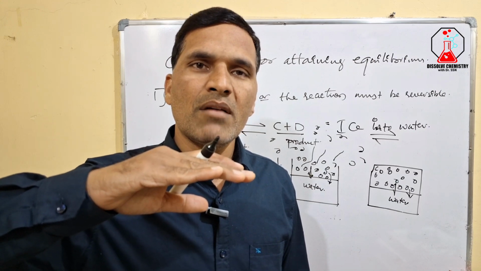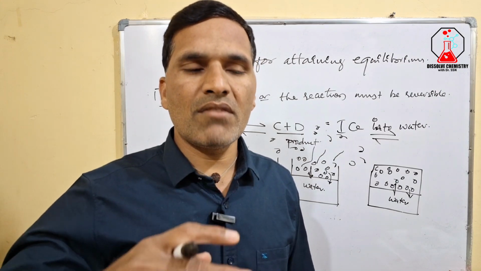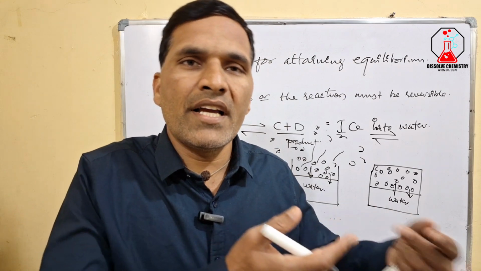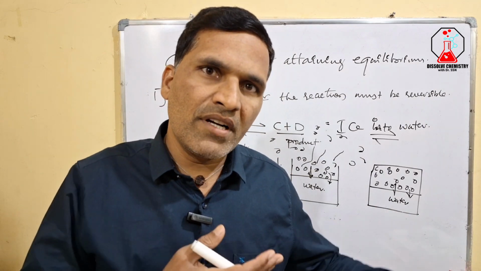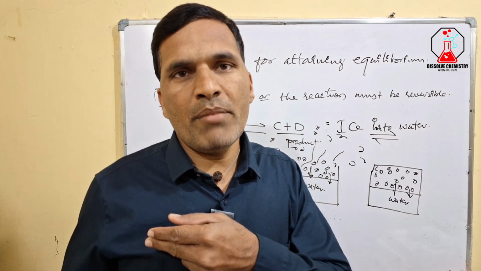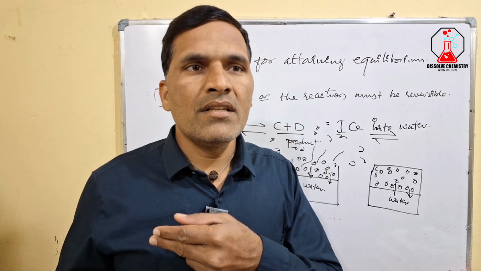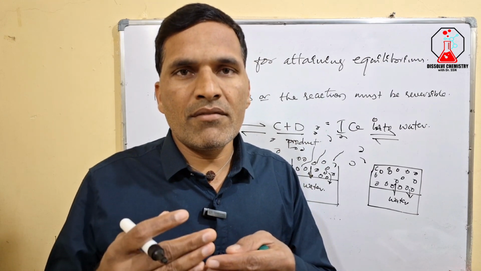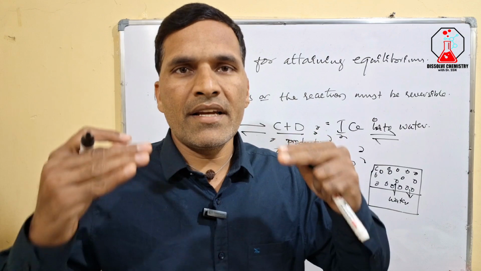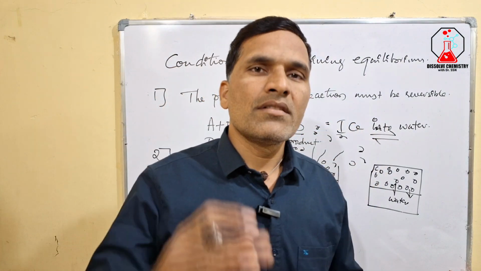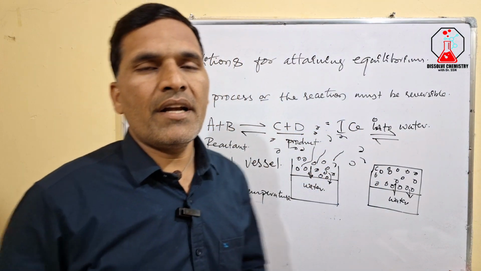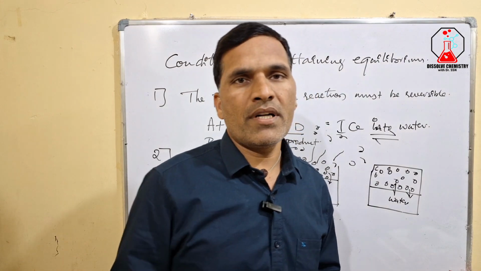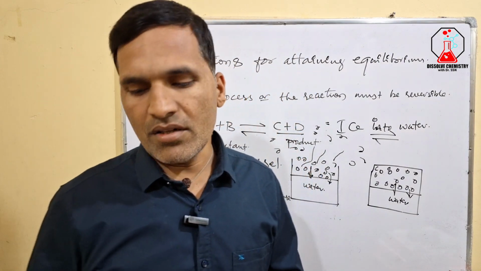Otherwise, if we vary the temperature, the equilibrium may shift in either direction, maybe in the forward direction or in the backward direction. Then you cannot observe the equilibrium as stagnant or constant. So maintaining constant pressure and temperature is also very important.